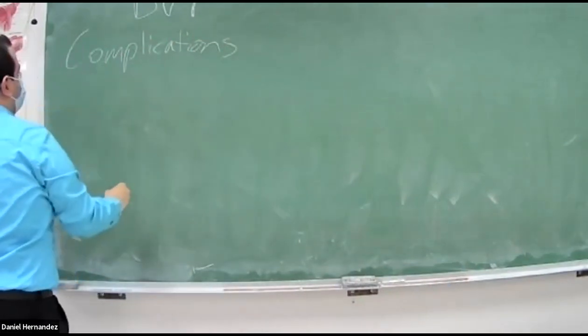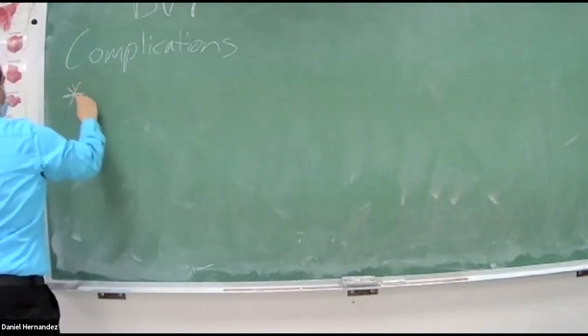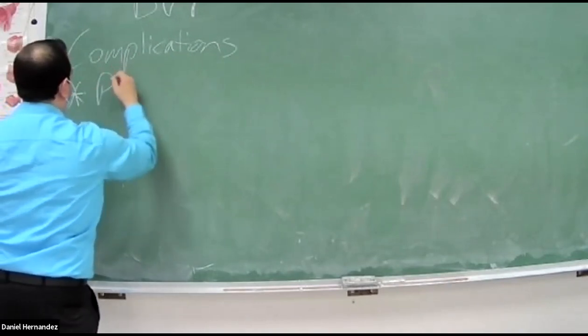Some complications of DVT. We can have pulmonary embolism.